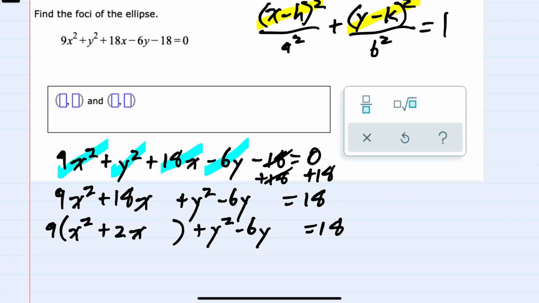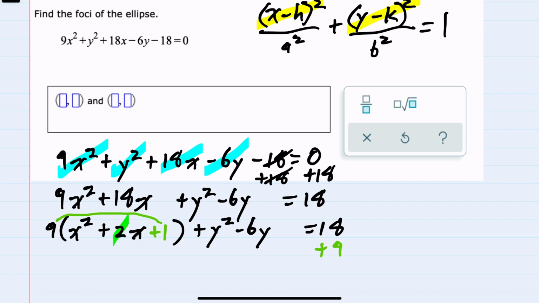For the x portion, I would take half of that middle term, so half of 2 is 1, and square it. I need to add 1 inside this parentheses, but notice that I have really added 9 because that 9 outside would be distributed. If I'm going to add 9 to the left-hand side, I must also add 9 to the right-hand side.